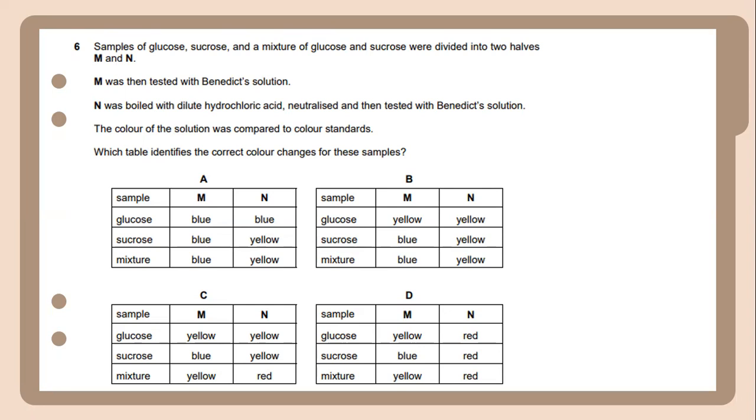Sucrose, when boiled with dilute hydrochloric acid, neutralized, and then tested with Benedict's solution, will also change to yellow. And for the mixture solution, when it was boiled with dilute hydrochloric acid, neutralized, and then tested with Benedict's solution, it will change to red.